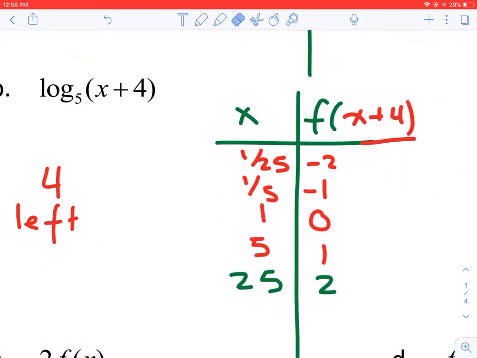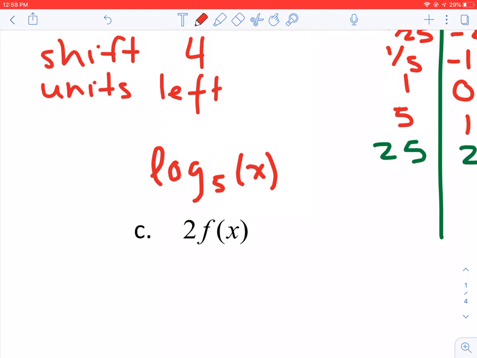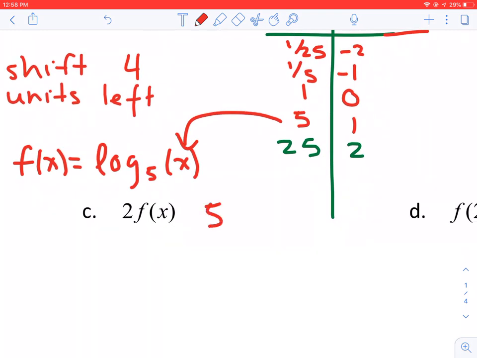So, I know if I go back to my original function, log base 5 of x, f of x is this, right? I know, for example, when x is 5, right, that 5 to the first power is equal to 5, right? My base raised to the exponent equals 5.